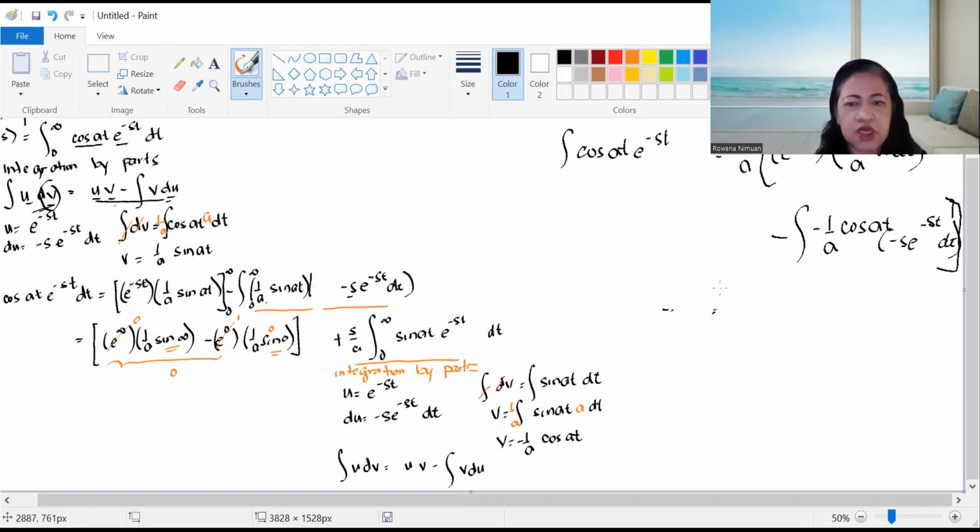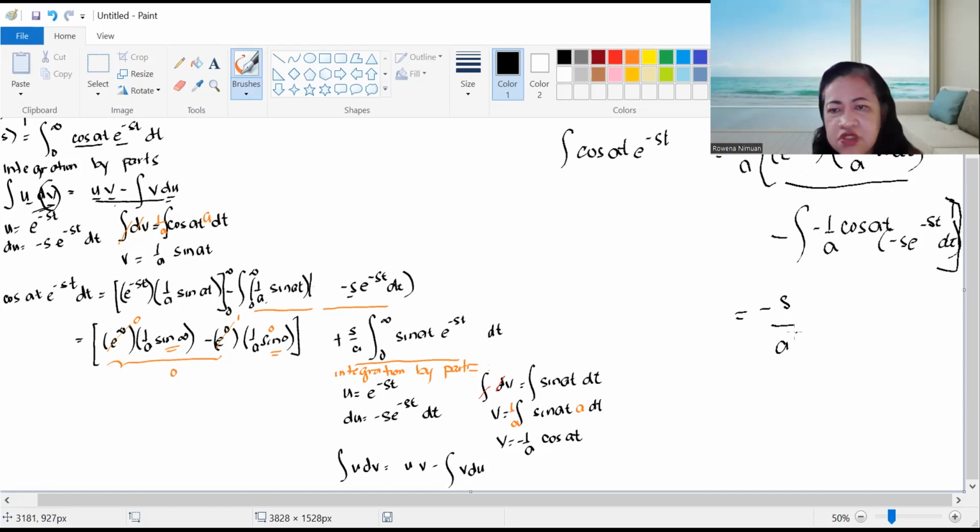So if I have here s, this is negative s over a squared.